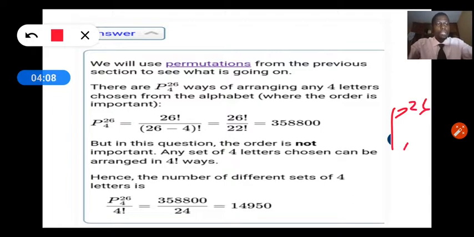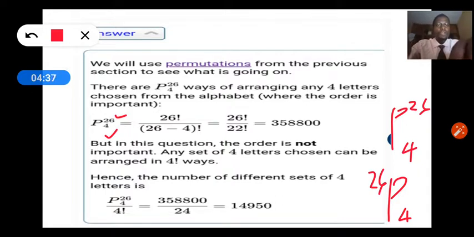Remember I told you we can also write it in the other notation. Both of them are saying the same thing. We want to arrange the total number of 26 letters, 4 at a time. The formula for permutation is 26 factorial over 26 minus 4 factorial. We all know what factorial means by now. So 26 factorial over 22 factorial. Punch your calculator, you get this answer.